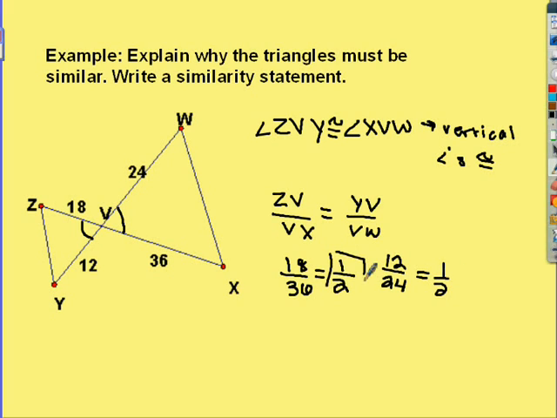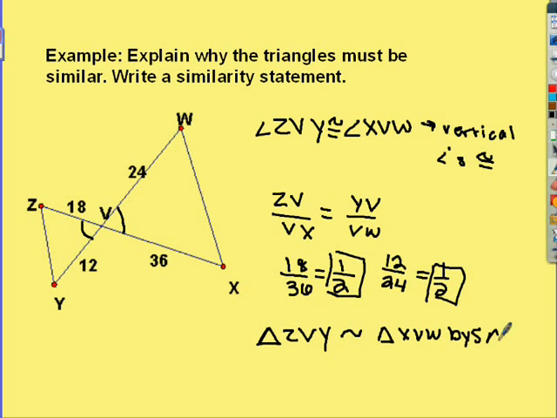So since these sides are proportional and the angles are congruent, this is enough to say these triangles are similar. So it says write a similarity statement, so I could say triangle ZVY is similar to triangle XVW by side angle side similarity.